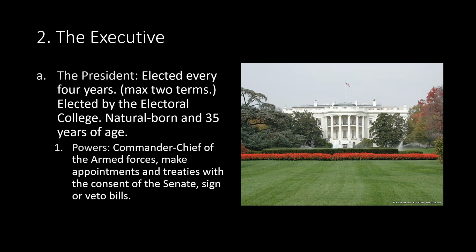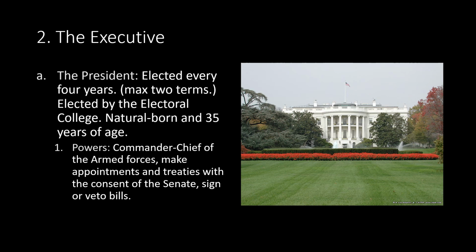The Electoral College system was instituted because the delegates in Philadelphia feared that too much democracy might lead to mob rule. Also, that larger states would be able to dominate the smaller states, so the purpose was to protect the minority states. In order to be elected president, you had to be a natural born citizen of 35 years of age.